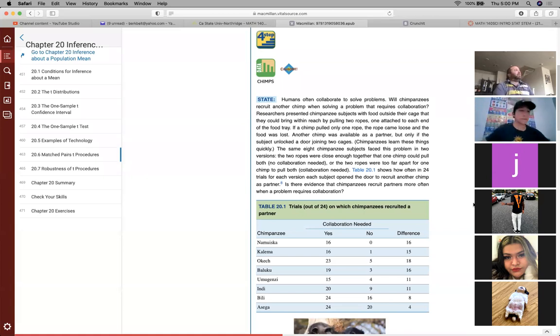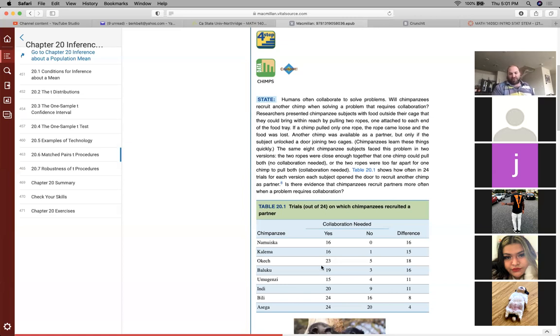Obviously, it is a before and after in the sense that one of them had to go first. But yes, it's the same chimpanzees faced this problem in 2 different versions. It wasn't 8 chimpanzees for this way and a different 8 chimpanzees for this way. It was the same 8 chimpanzees for both. Okay, that's what makes it a matched pair t-test.